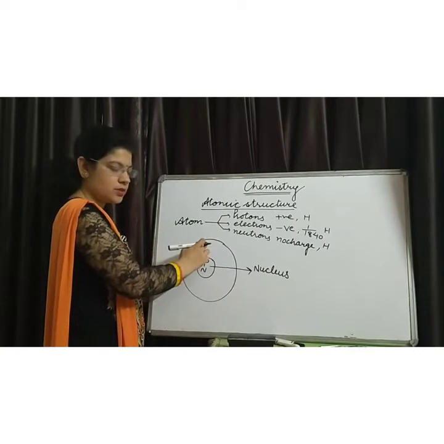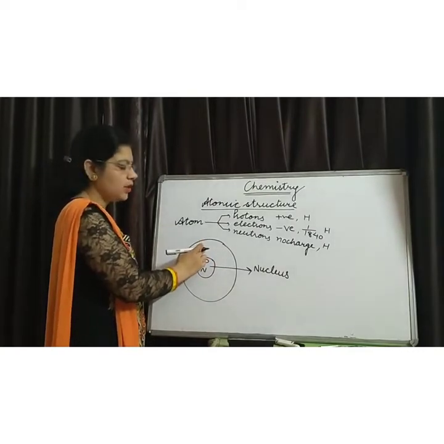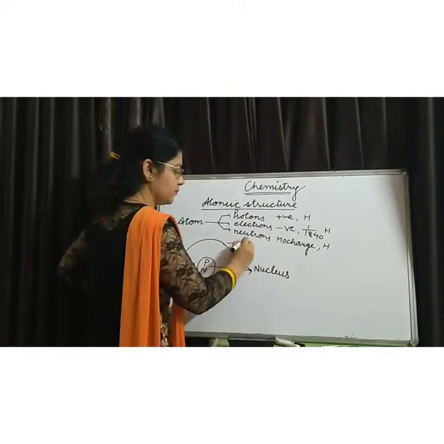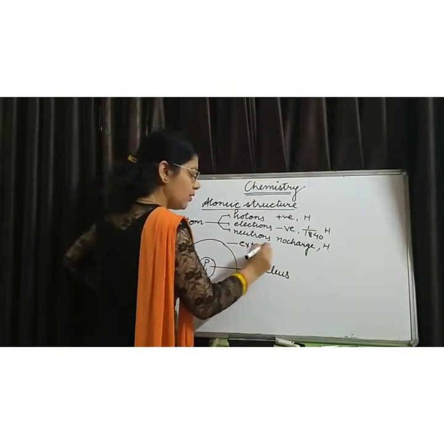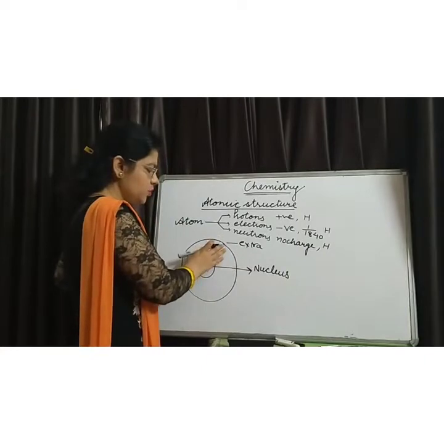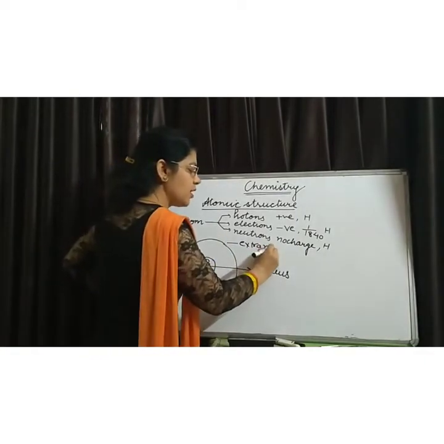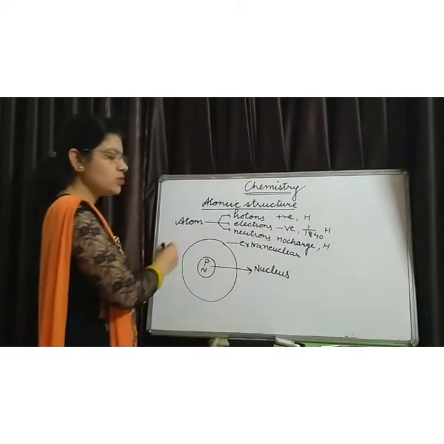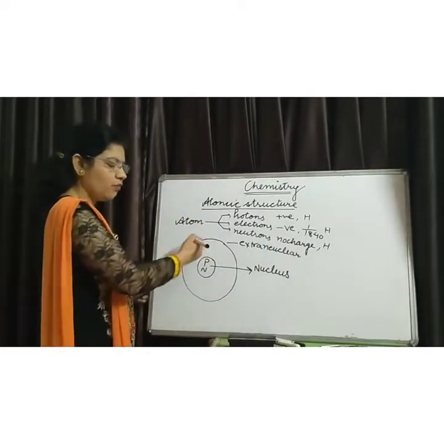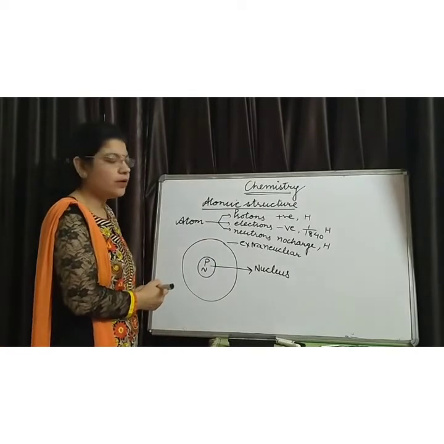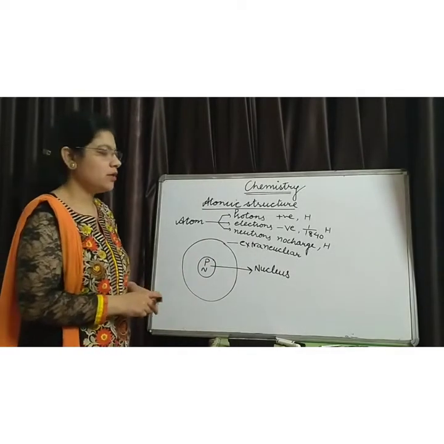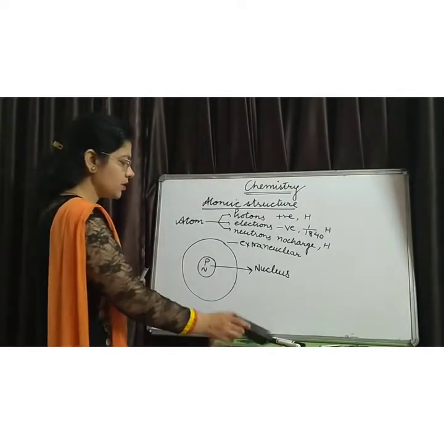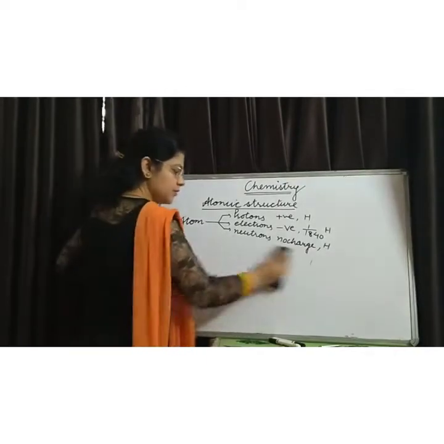Outside the nucleus, this part is known as the extranuclear part, in which all the electrons are revolving in different orbits, just like different planets revolve around the sun.